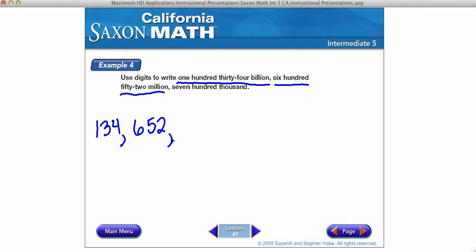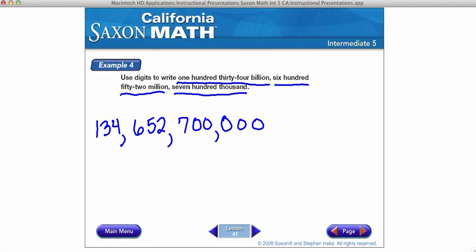When I say million, I write my comma. 700,000, and that's my comma, and now I need to put in the ones, tens, hundreds. So this is what that number should look like: 134 billion, 652 million, 700,000, and the zeros on the end.